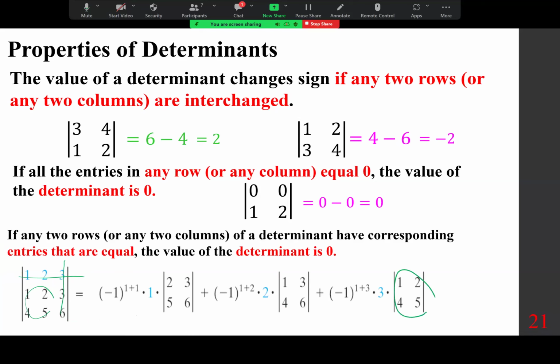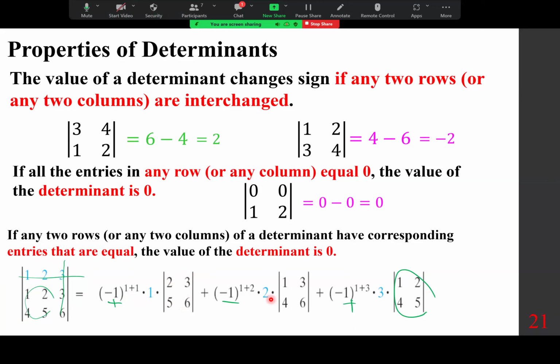And what I want you to notice, this is plus, minus, plus. I told you, you don't have to memorize negative 1 to the power of 1 plus i plus j. Just remember they alternate. So when you do the math, this is 1. This 2 times 6 is 12, 3 times 5 is 15, so that gives you negative 3.